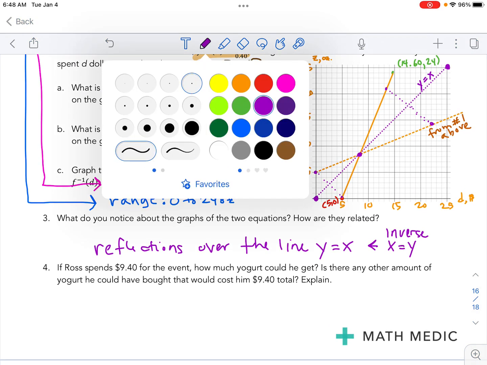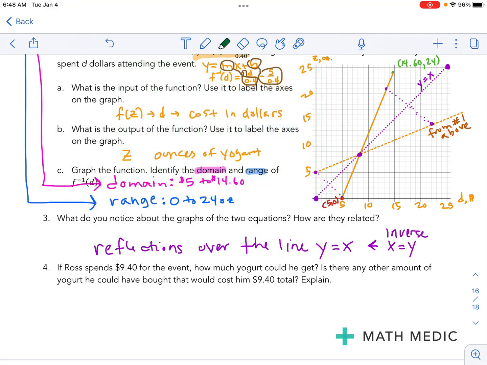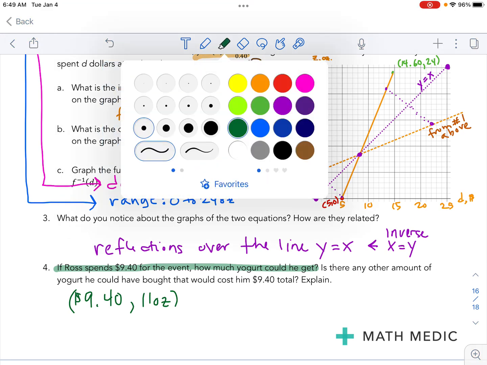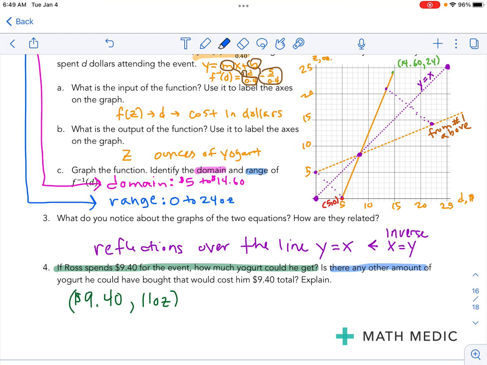This first statement, I'm running out of colors here, we'll go dark green, $9.40 was our 11 ounces of yogurt, and this second statement, is there any amount of yogurt he could have bought that would cost him $9.40, is saying 11 ounces, $9.40.